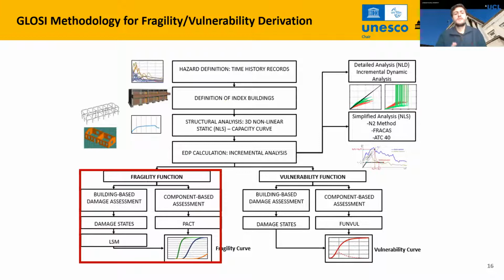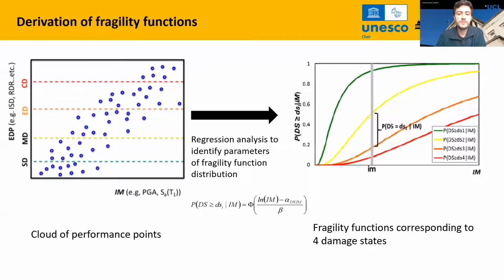And once you have these EDPs, the next step is to derive your fragility functions or your vulnerability functions. And for the fragility functions, again, there are several methodologies. What you want to do is that you have a set of engineering demand parameters that could be, for example, the roof drift correlated to some intensity measure that could be the peak ground acceleration or the spectral acceleration.